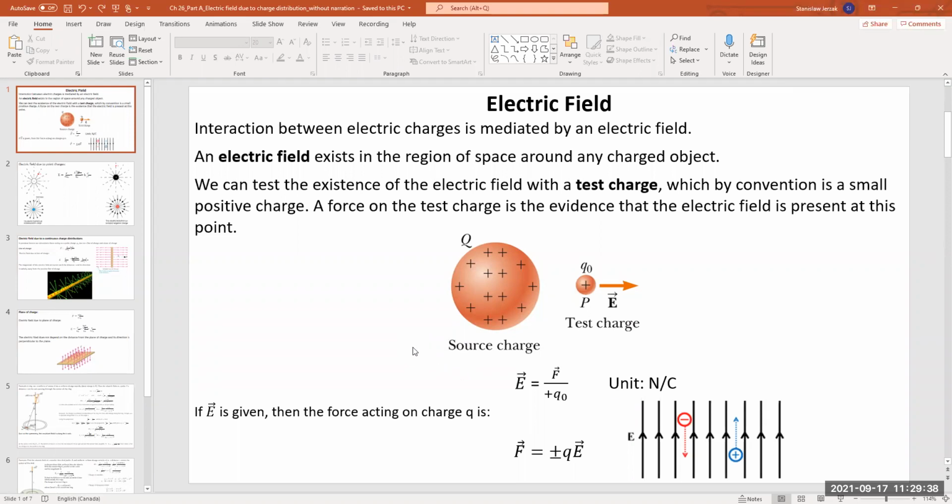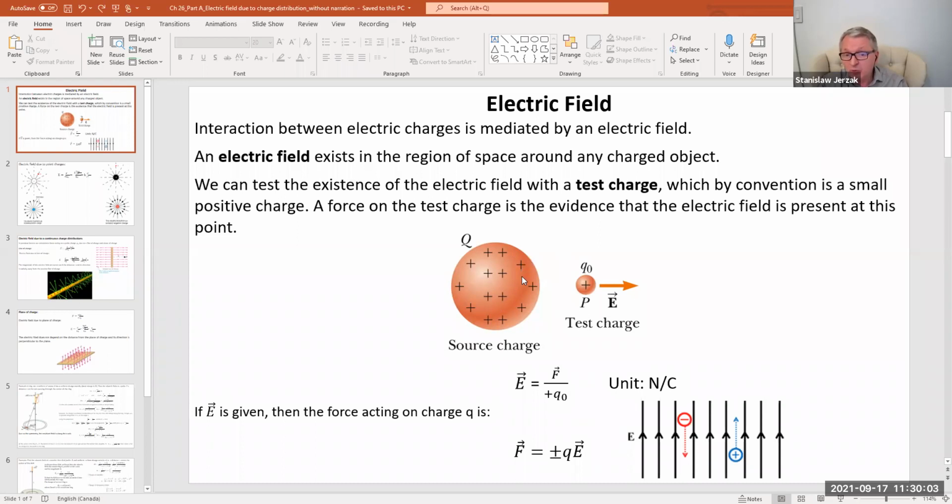Today I would like to continue to teach about the electric field. That was done in Physics 1801, and in the previous lecture I reviewed that concept, but I would like to do it again because it's a very important concept. Every charge produces electric field all around it.